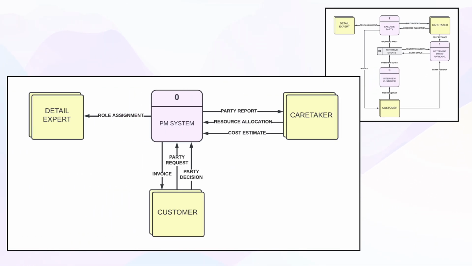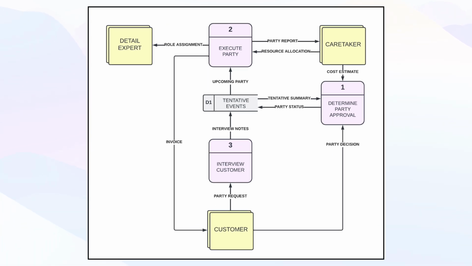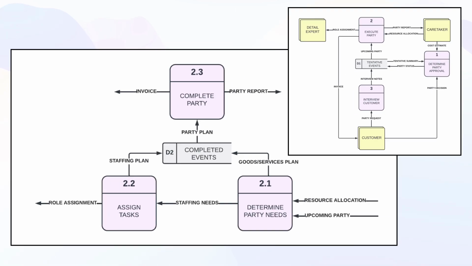If you look at the context level diagram for the party management system, you will notice that the data flows to and from the actors are exactly the same data flows that you see to and from the actors in our level 0 diagram. That is, they're balanced. I've also created here a level 1 diagram by exploding process 2.